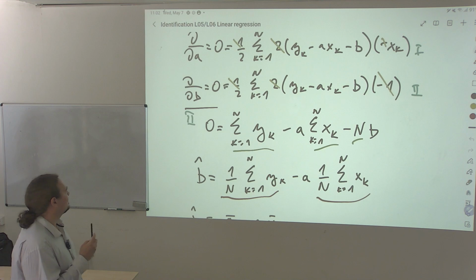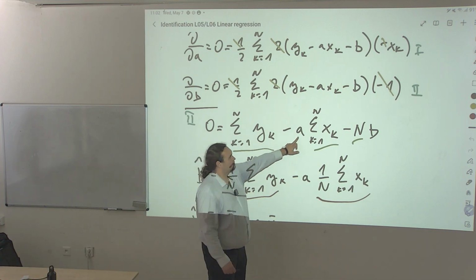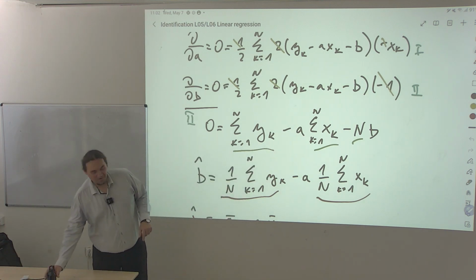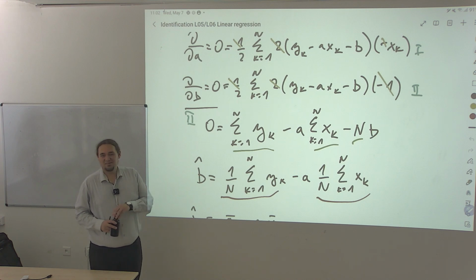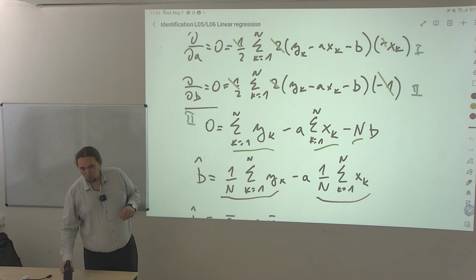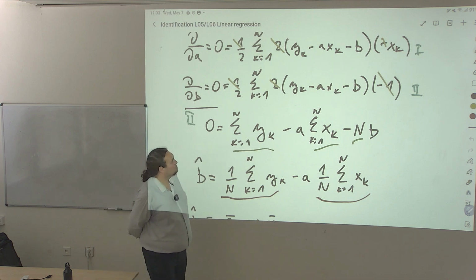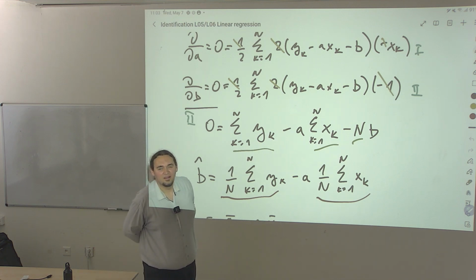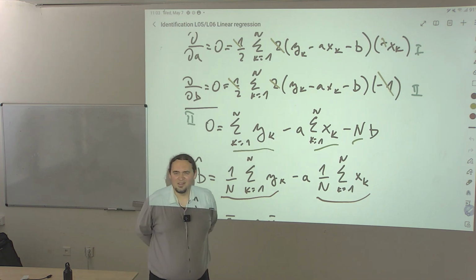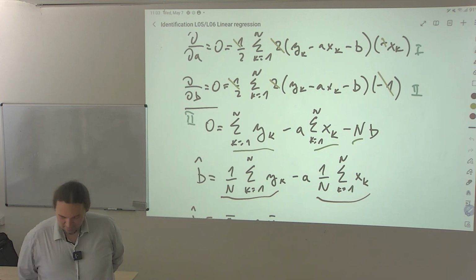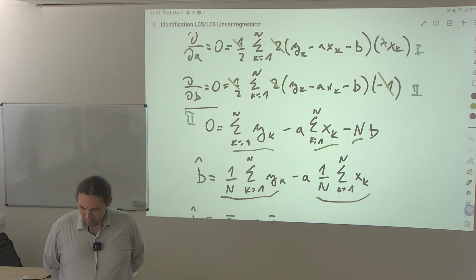How can we find the value of a? It's just a scalar. Value of a, you can just add everything to one side, then divide it with that sum.